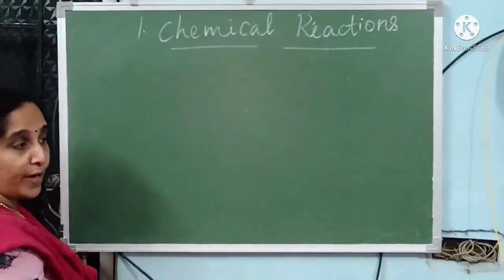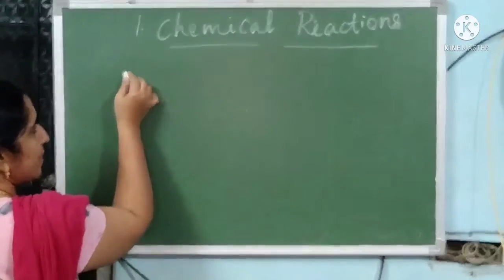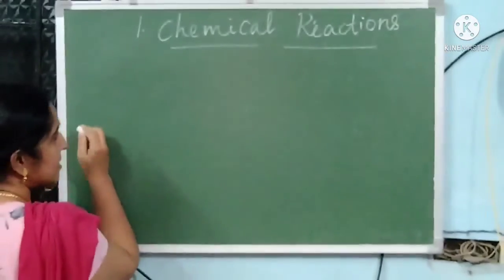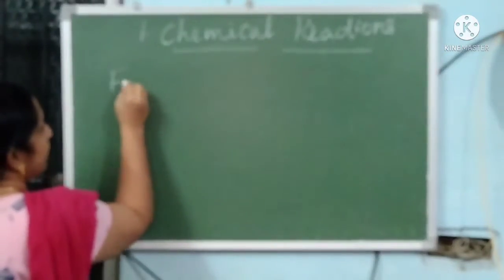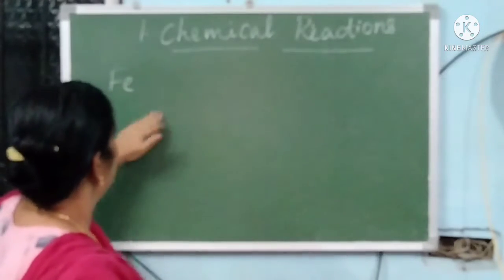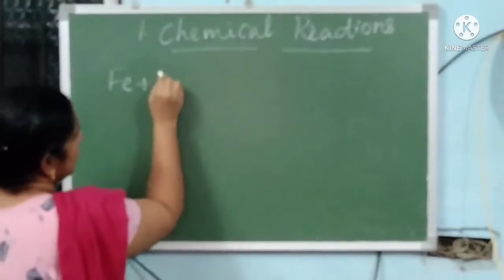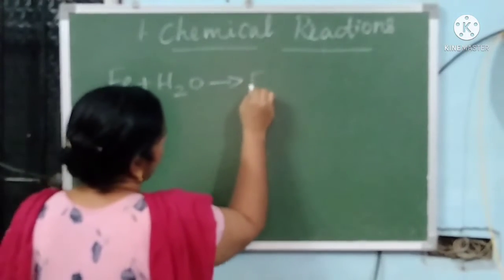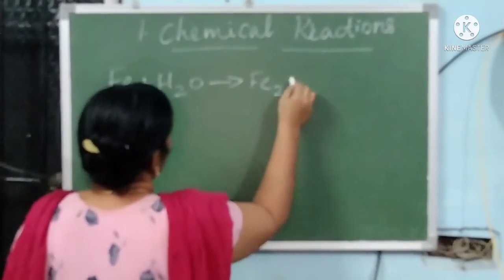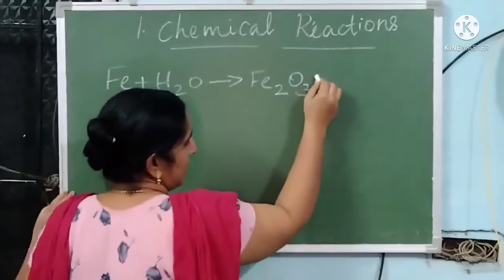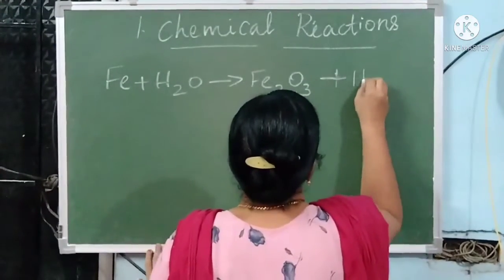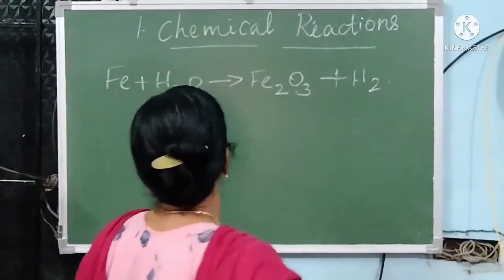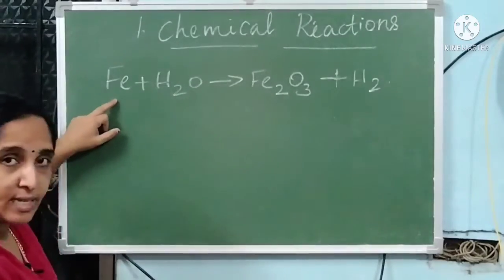Okay, so we have to take another equation for balancing, that is Fe plus H2O gives Fe2O3 plus H2. Here Fe is called iron.